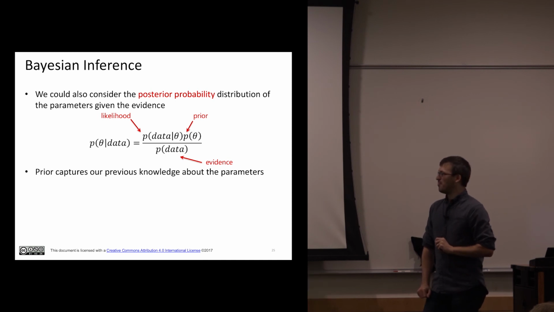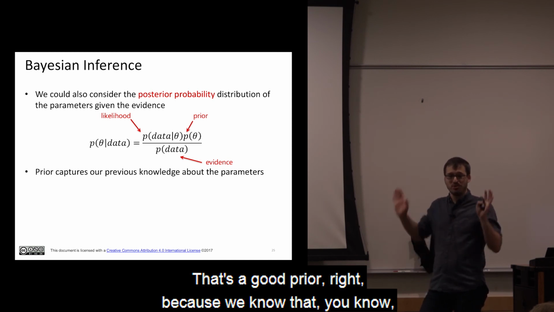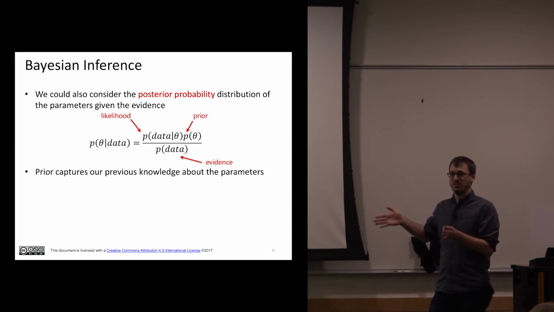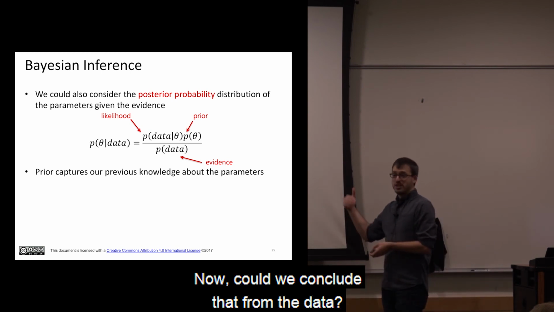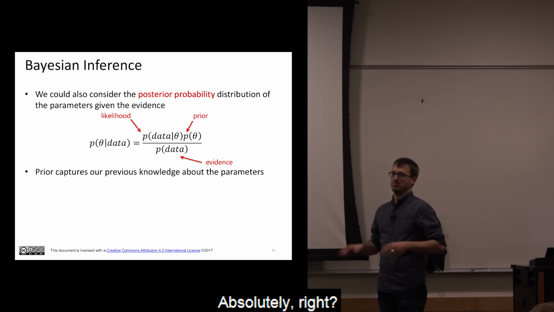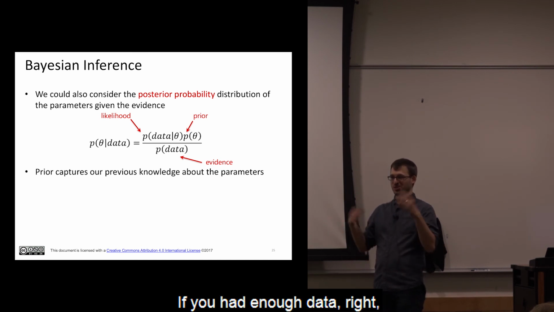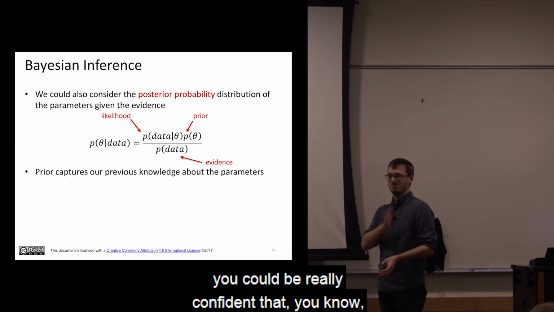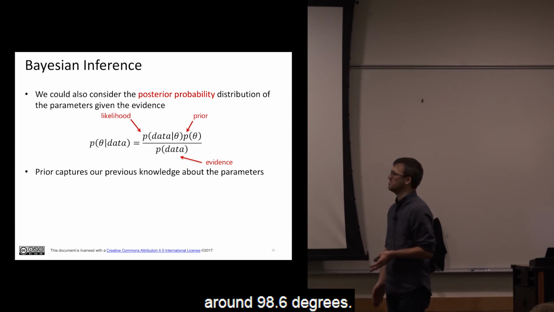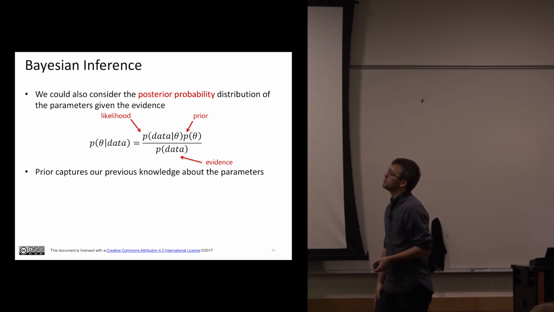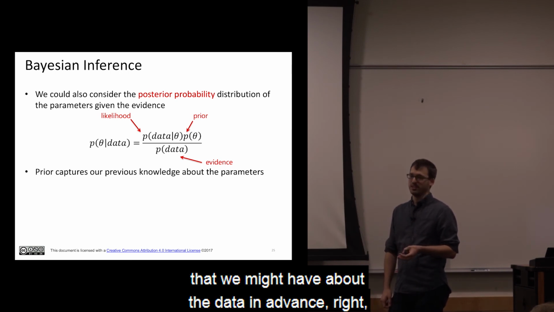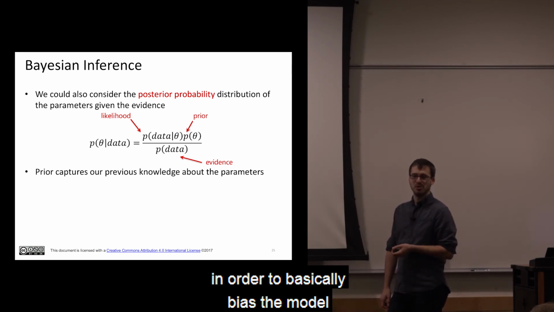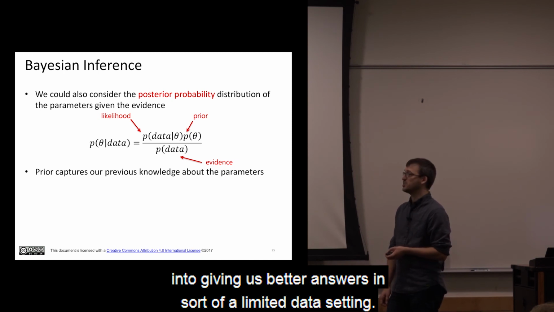That's a good prior because we know that people can't survive outside of that range. Could we conclude that from the data? Absolutely. If you had enough data, you could be really confident that the average human body temperature is around 98.6 degrees. But the idea of using a prior is that we take information we might have about the data in advance in order to bias the model into giving us better answers in a limited data setting.